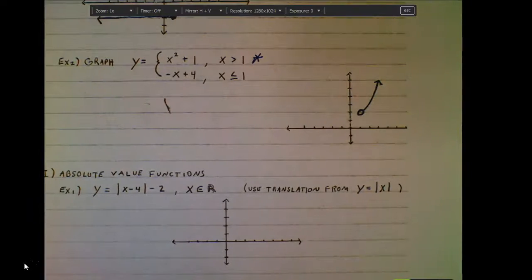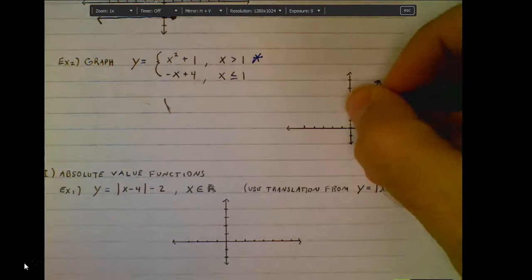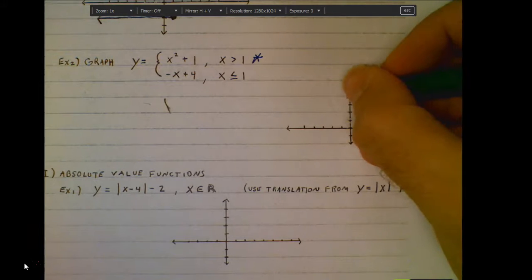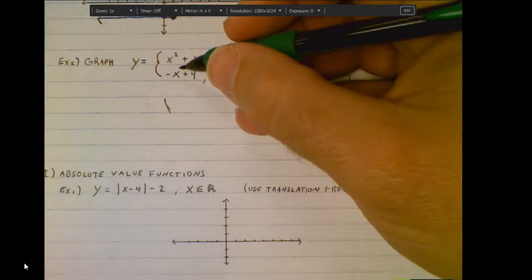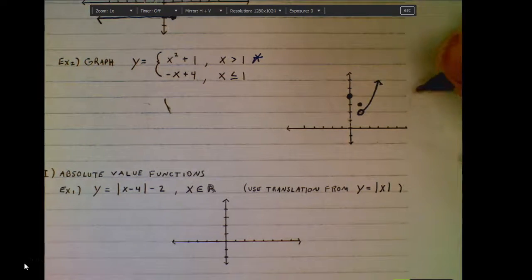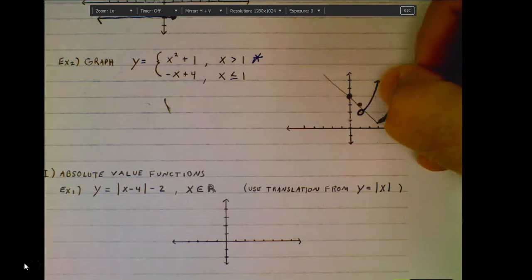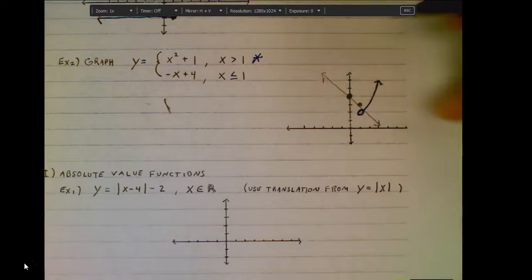And now for the second one, -x plus 4. Again, this is just a line, so it starts at +4. 1, 2, 3, 4. My slope is -1 over 1, so if I go down 1 over 1, we have our line that we would typically graph for that one. But again, let's take into account the domain.